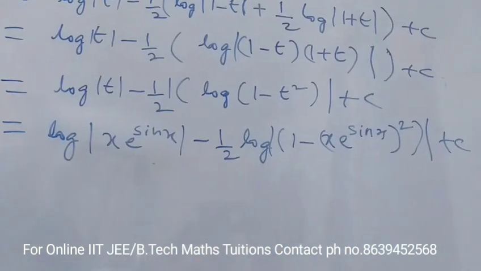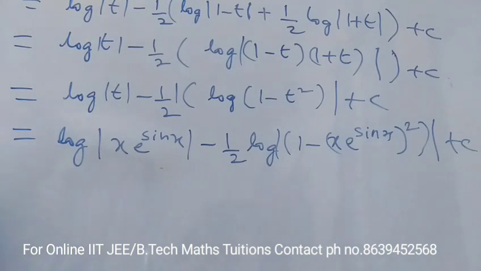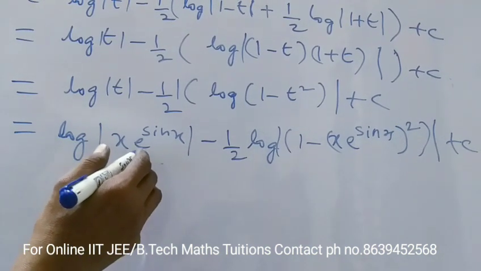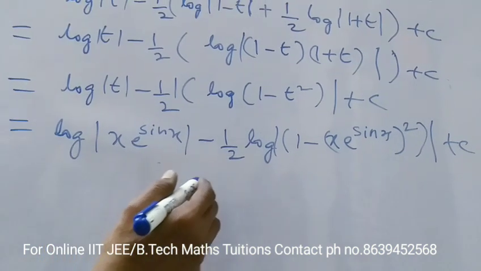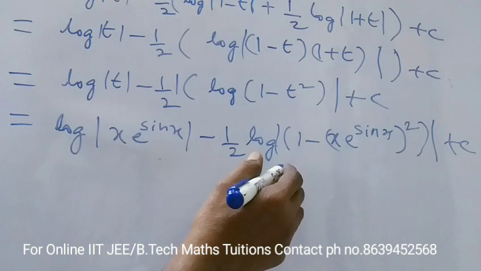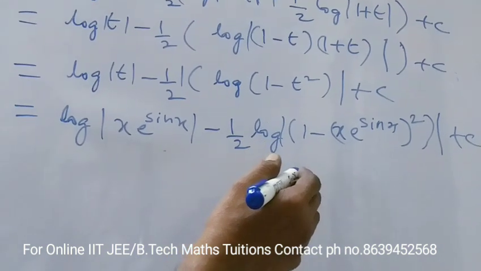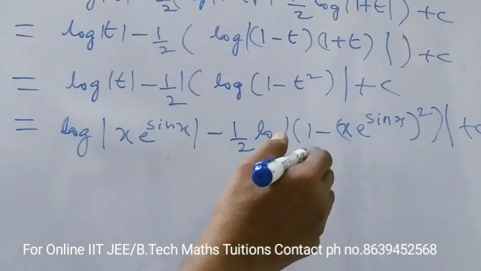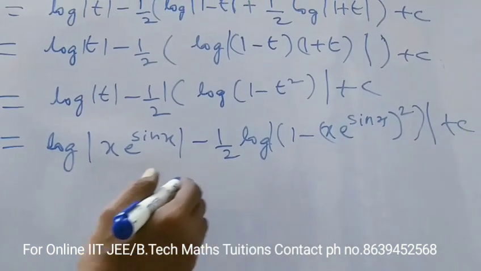Is equal to log modulus x into e to the power of sin x minus 1 by 2 log of 1 minus x into e to the power of sin x whole square.